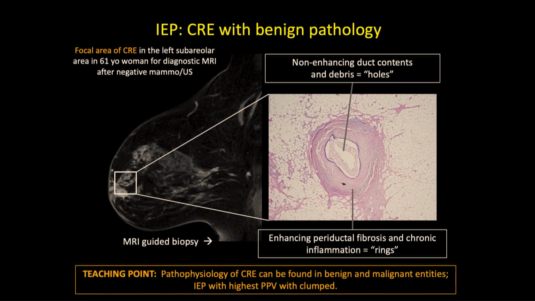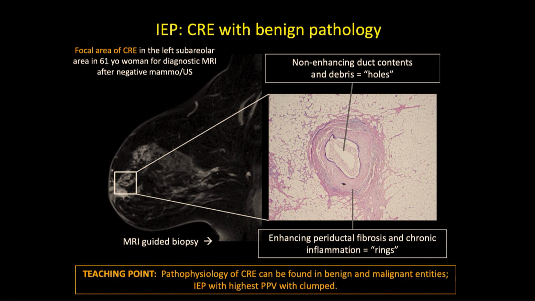As we talked about, clustered ring enhancement is a little difficult for me to differentiate from clumped sometimes. This is an example of clustered ring enhancement with a benign pathology, and I have a really nice pathology comparison to it. I think about the holes or the ducts as non-enhancing duct contents and debris.